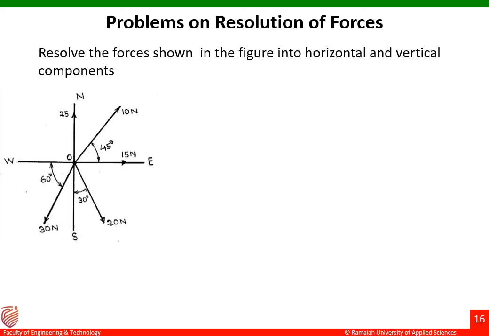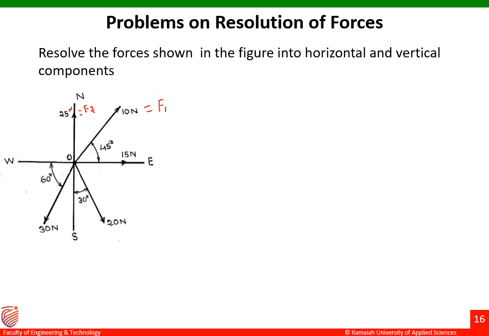Let me start with the first force, that is the 10 Newton force. Let me take this one as F1. You can see there is a force of 25 Newton which is acting exactly along the vertical axis, that is along the north direction. Let me take this one as F2.